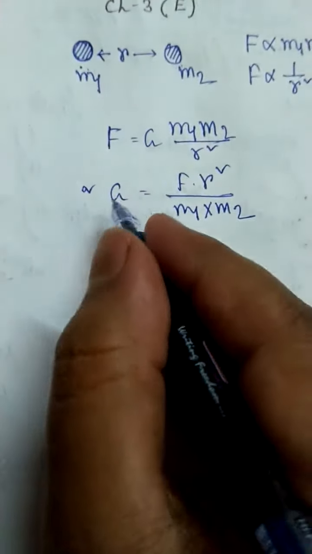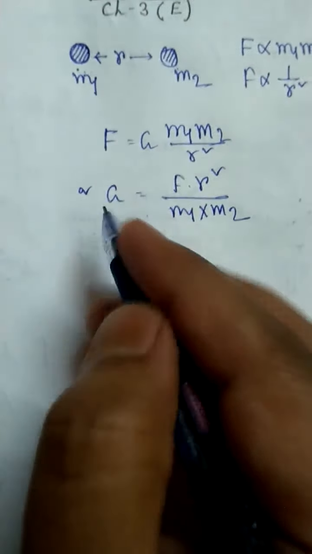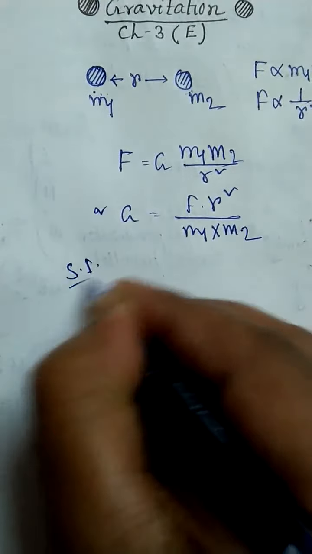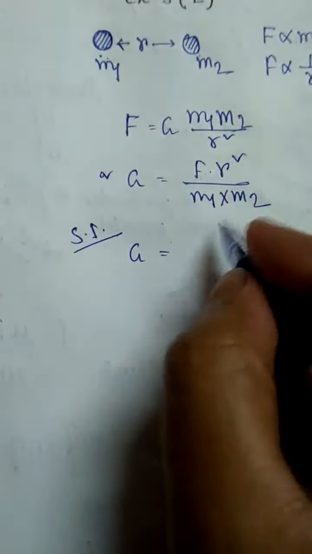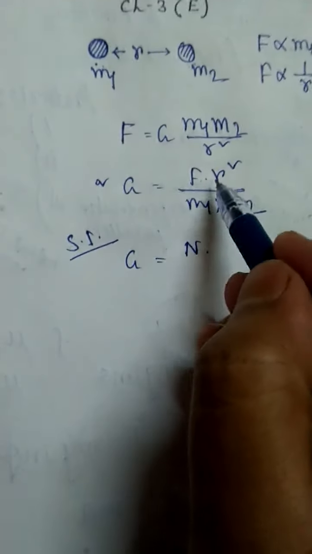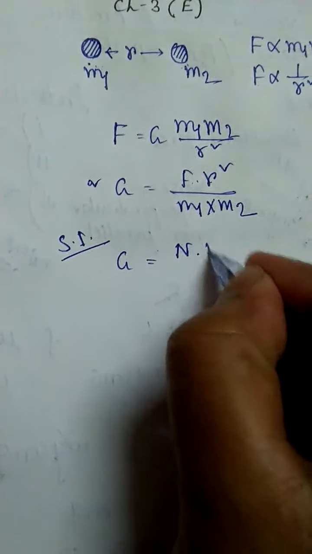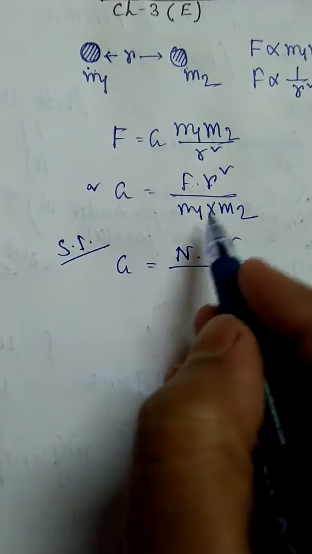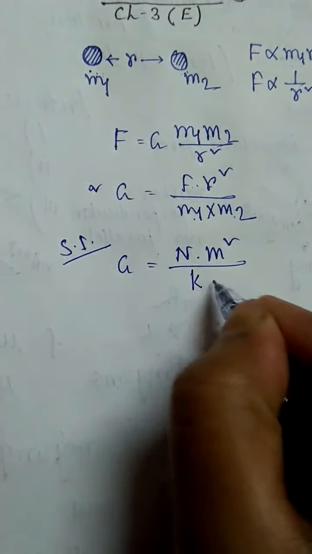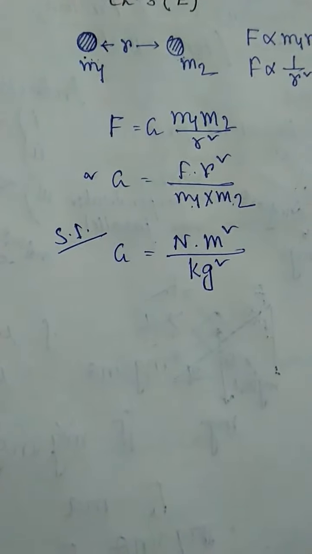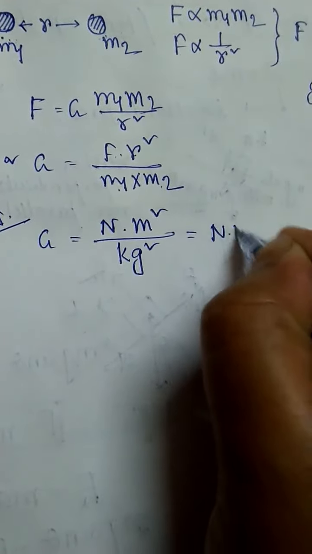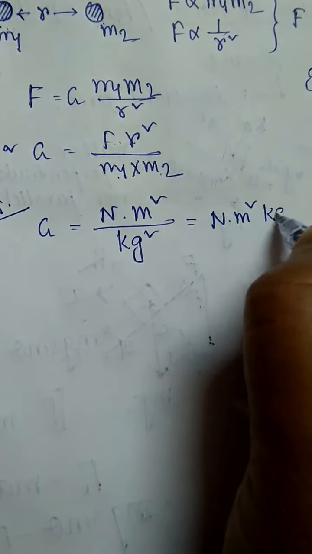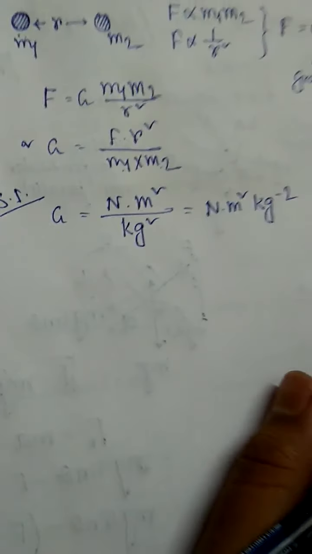Our aim now is to find the unit of G. The unit of G equals the unit of force, that is Newton, times the unit of distance squared, that is meter square, divided by mass into mass, that is kg into kg, so kg square. So the unit of G is Newton meter square kg to the power minus 2.